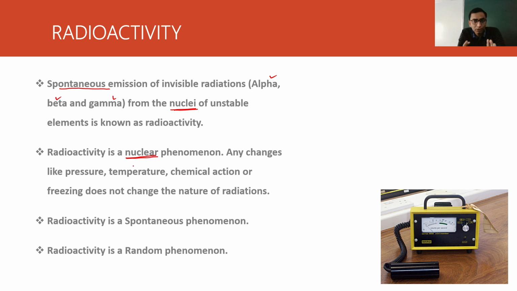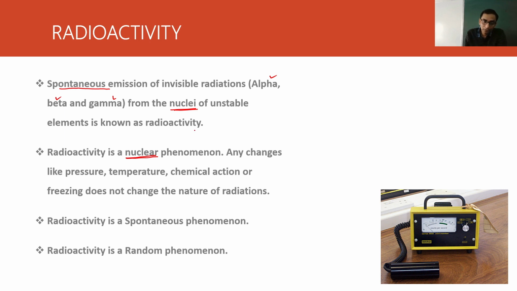It is associated with only the nucleus. It has nothing to do with the electrons which are moving in the orbits. The electrons moving round and round about the nucleus have no role in radioactivity. All these radiations, the alpha, the beta and the gamma, come from within the nucleus.